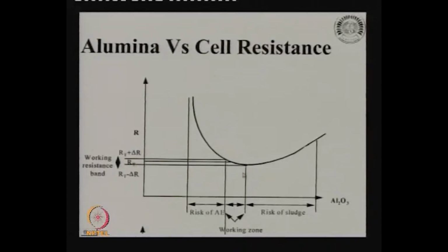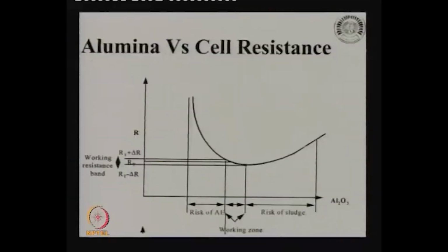You cannot increase the bath resistance too much, you cannot decrease it too much. If you decrease the bath resistance too much by bringing the electrodes too close, then there will not be sufficient heating of the electrolyte. If you increase the resistance too much, you will get into a lot of problems, because you might get into operational difficulties.